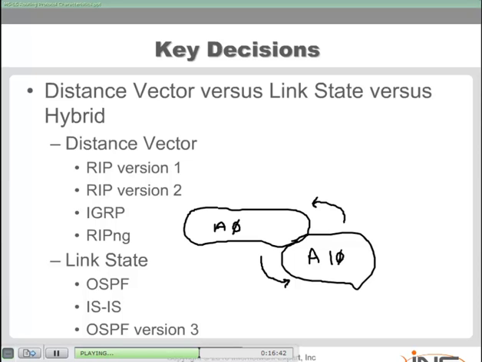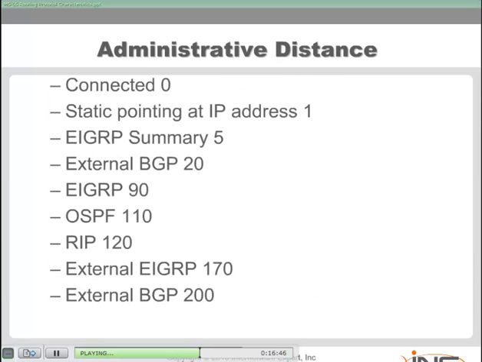Now we know one of the things that the router has to do is decide what is the best way to get to a destination.